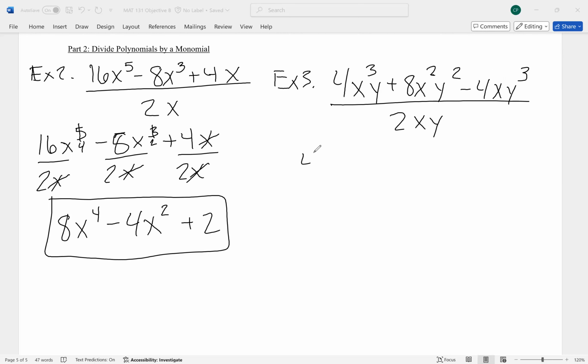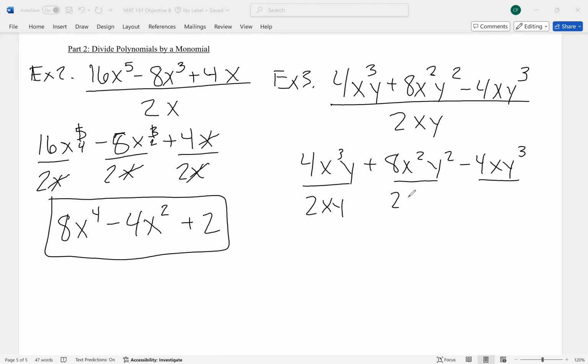So we're going to rewrite the top just how we see it. And then we're going to take each term and divide it by that monomial in the denominator.